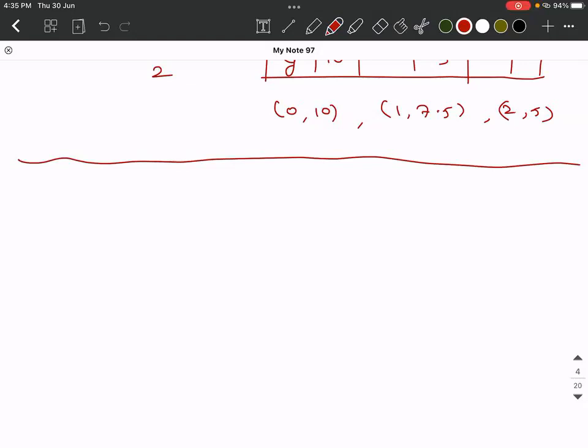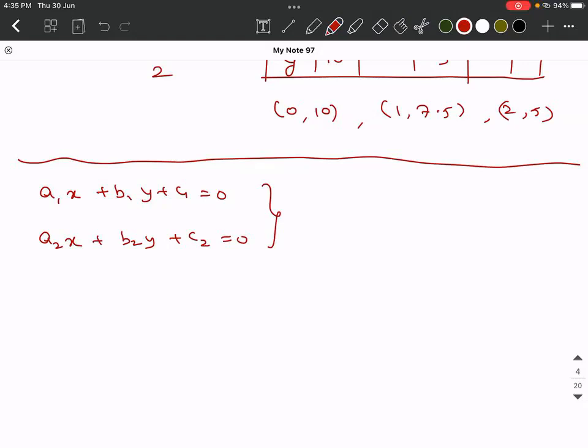So what is the meaning of this? First of all, if I have two linear equations, a1x plus b1y plus c1 is equal to 0, and a2x plus b2y plus c2 is equal to 0, then when can I say that these two lines will intersect?